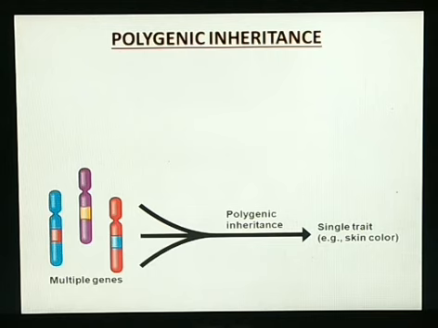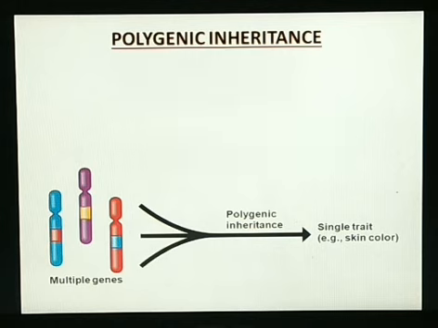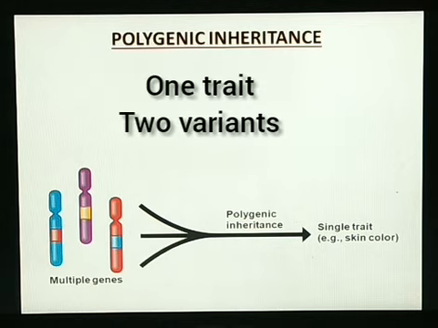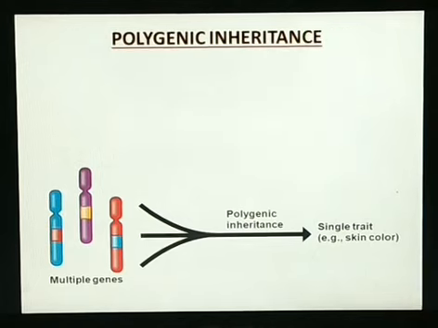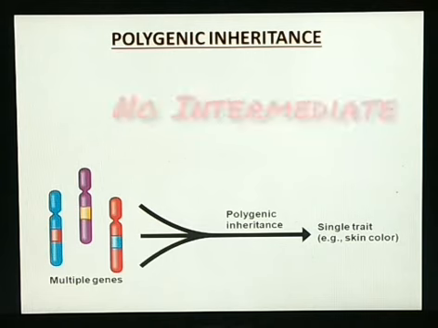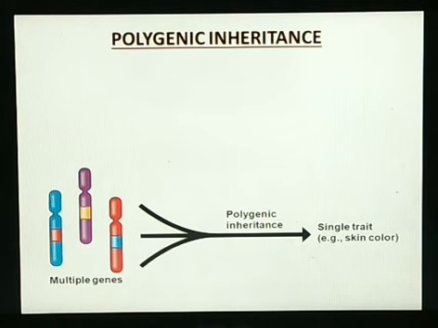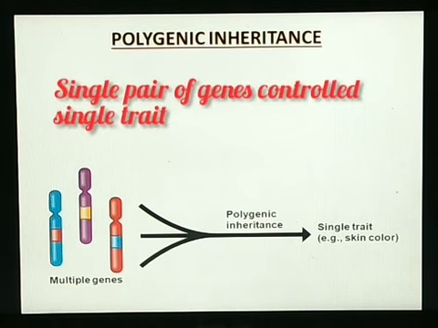Purple flowers or white flowers. So there were two variants for a particular trait, right? And there were no intermediate variants in these traits. That means such traits were controlled by a single pair of genes.